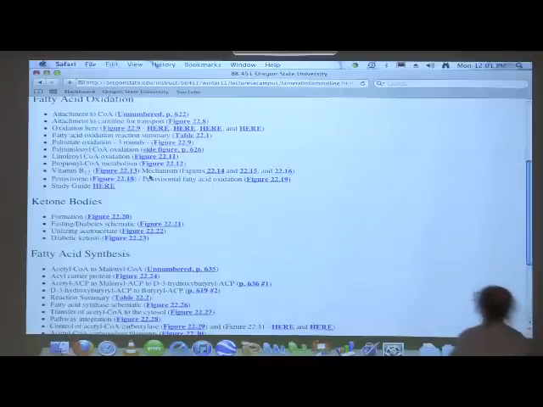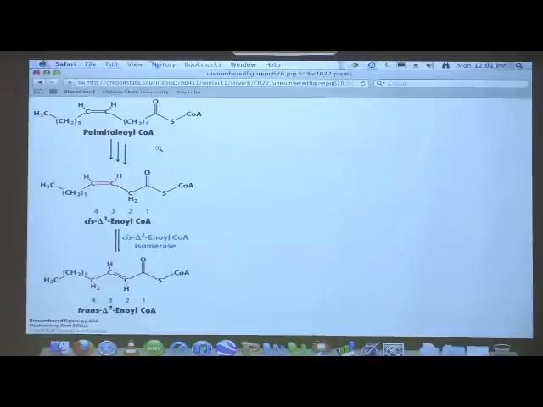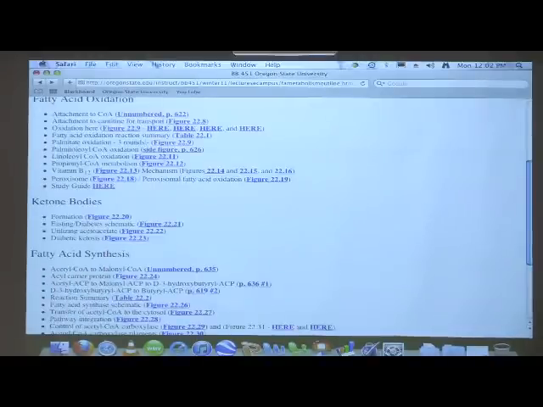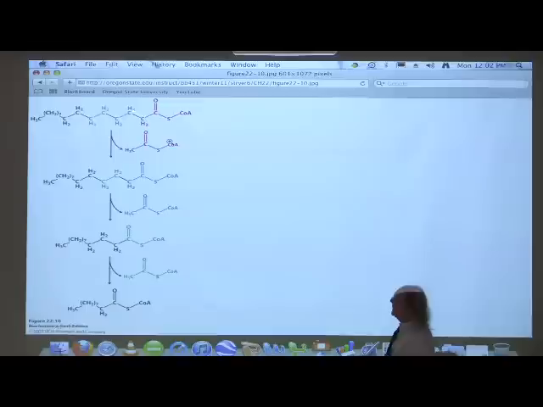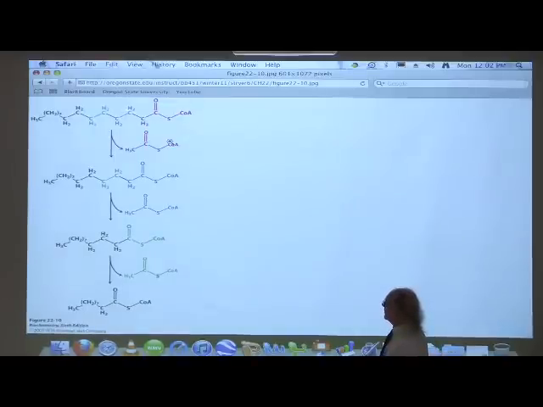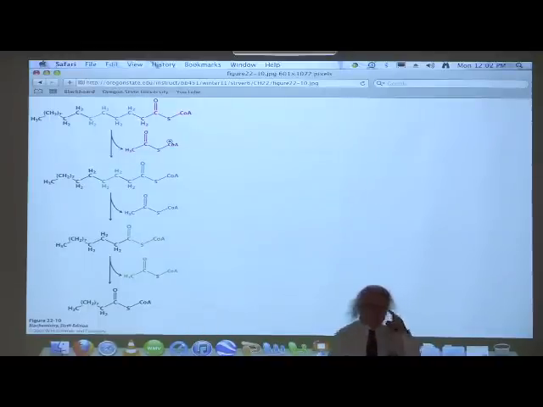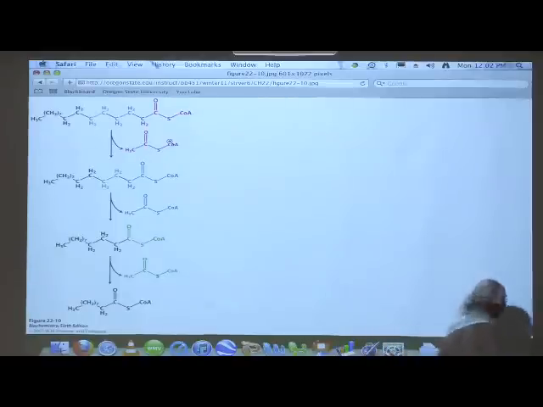Beta oxidation gets its name from the fact that if we number the carbons, there's the alpha carbon, there's the beta carbon. All the action, as I said, is occurring between carbons 2 and 3. So we call it beta oxidation because the oxidation is occurring right here. So beta oxidation simply refers to oxidation of saturated fatty acids.